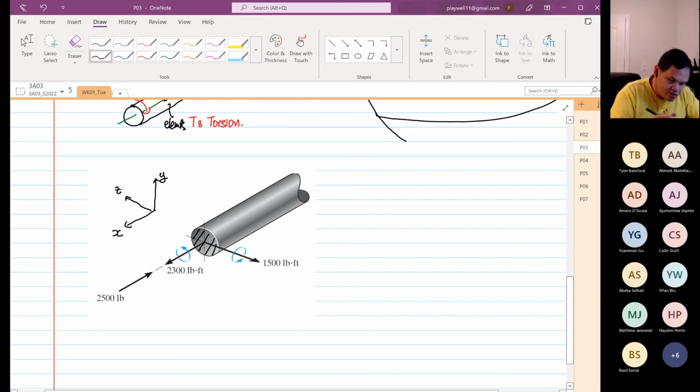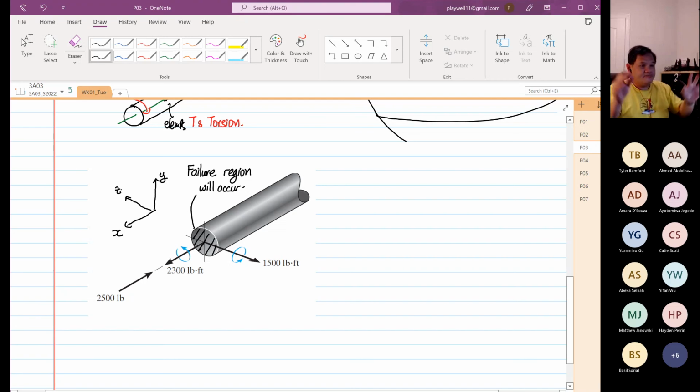So this is where the failure region will occur, at this phase. That is at the macro level, macro analysis.